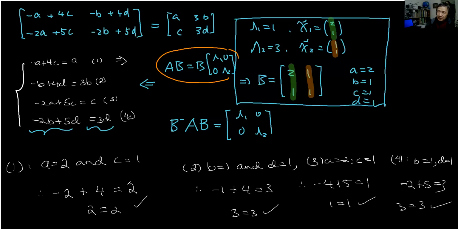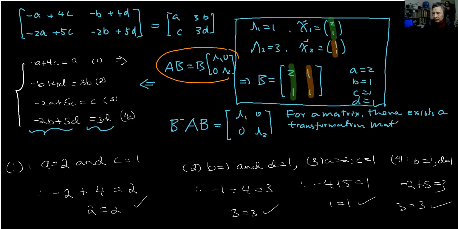Do you want to write it down? For a matrix A, there exists a transformation matrix B so that B inverse A times B will give you a diagonal matrix, with lambda 1 and lambda 2 on the diagonal. That's called a diagonal matrix.